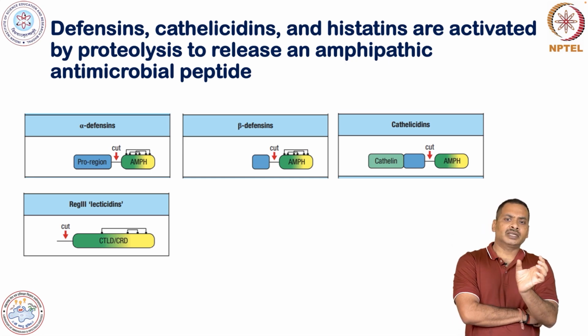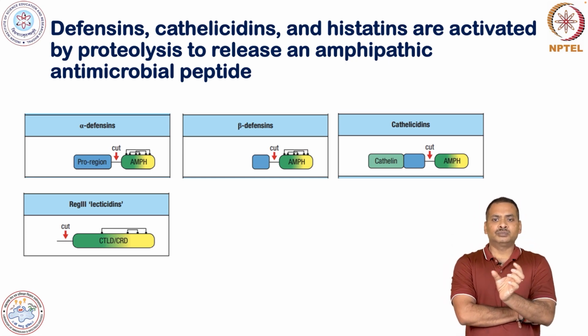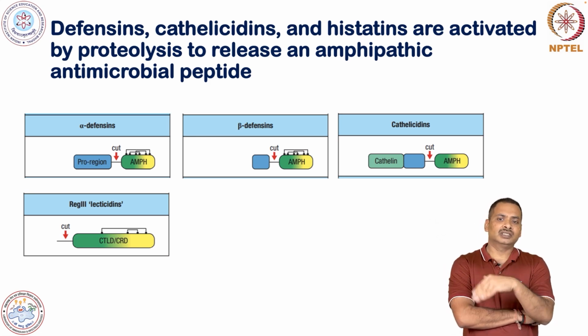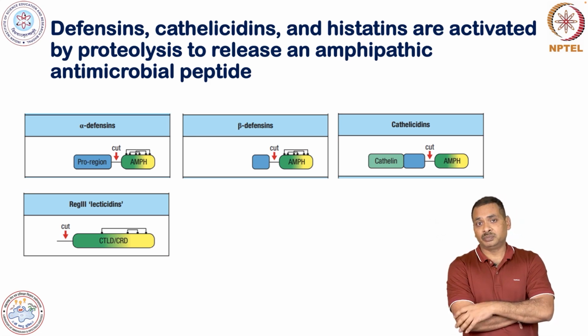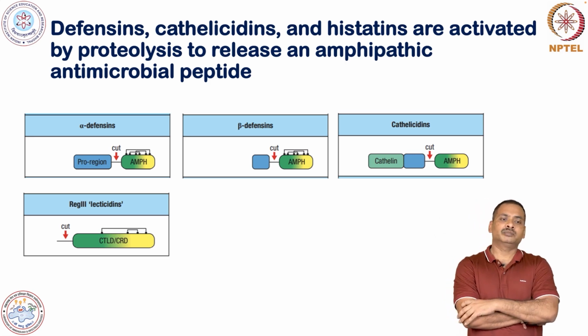In case of cathelicidin, there is a cathelin domain and some pro region which is again cleaved, and then it generates the amphipathic active cathelicidin peptide.